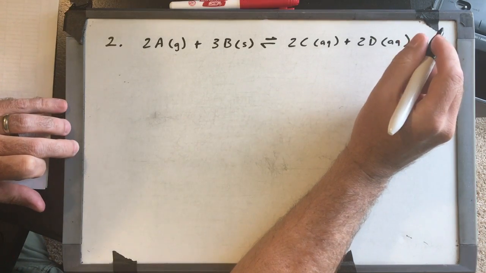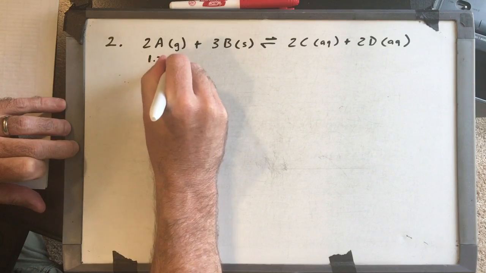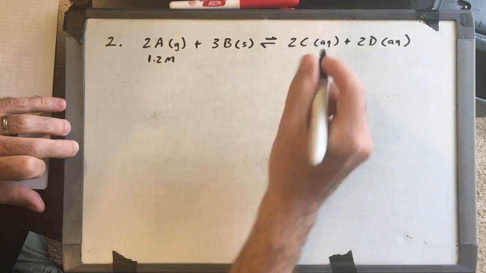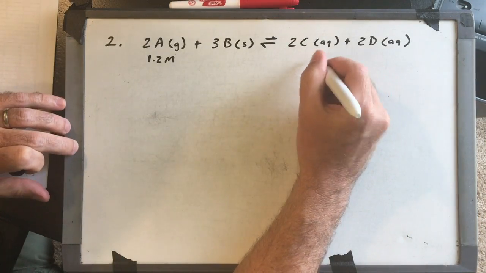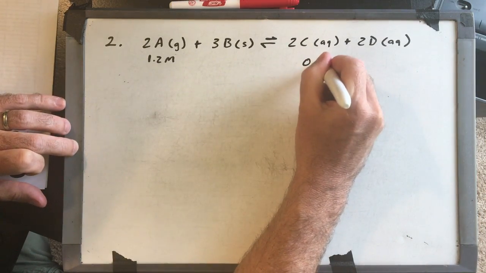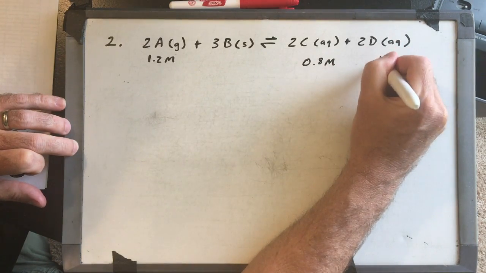Okay, the concentrations are measured. A is 1.2 molar. Okay, we don't care about B because it's a solid, so it's not part of calculating K. C is 0.8, and for D, 1.6.